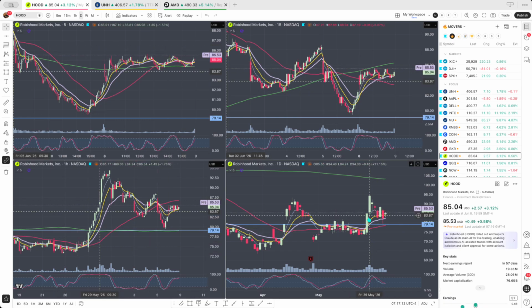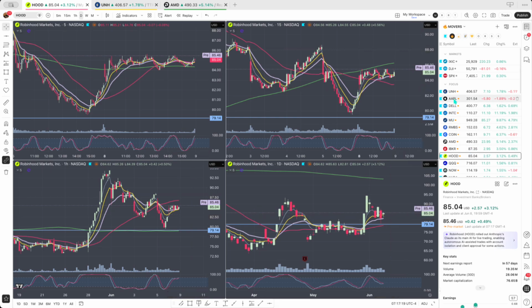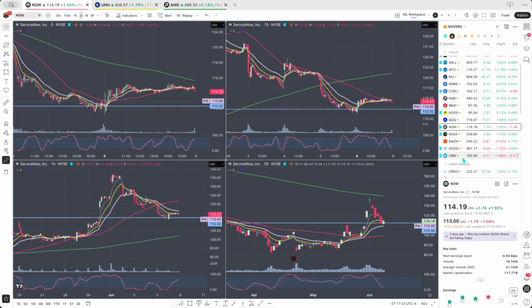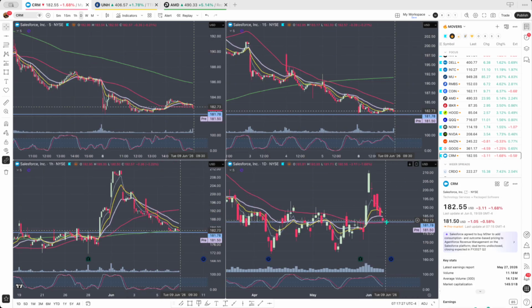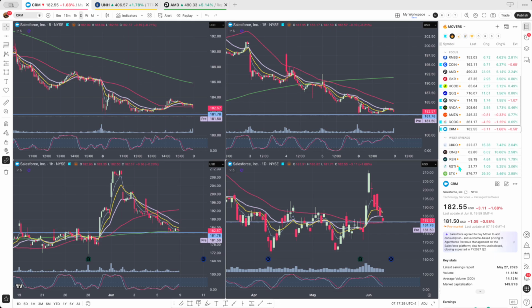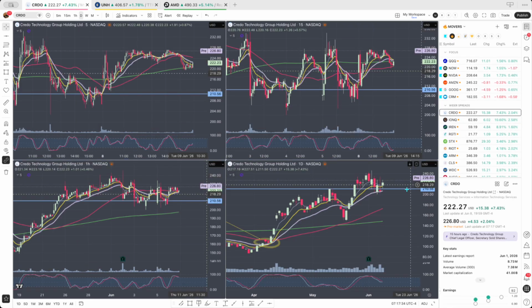There are a lot of these from last week where they shot up and then pulled back. So Hood, now potentially CRM. This has really gone all the way back down to its base, but I'm still for it. And then movers that are potentially pressing back up.